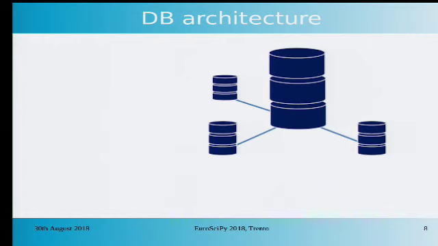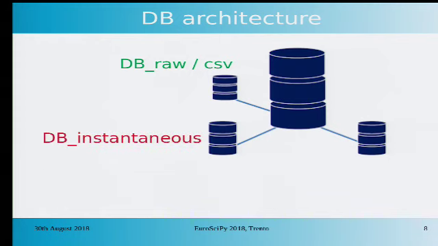We use three collections, three parts of the database. One with raw data, exactly the data, the time series obtained from the field. Another collection we use is with instantaneous data, the same data but pre-processed, and also with some reshaping.